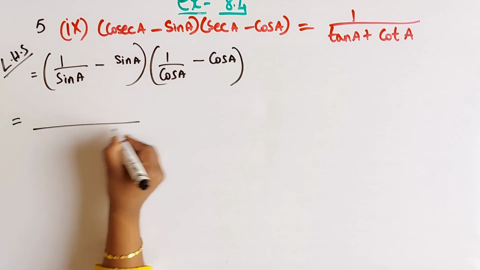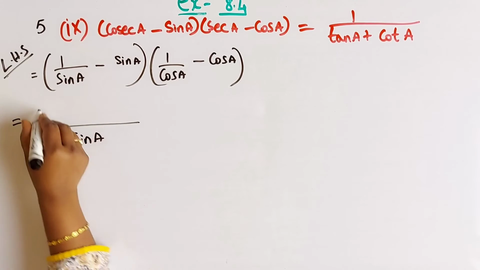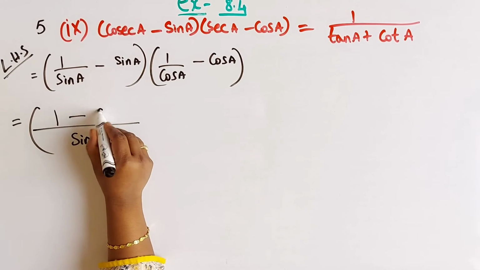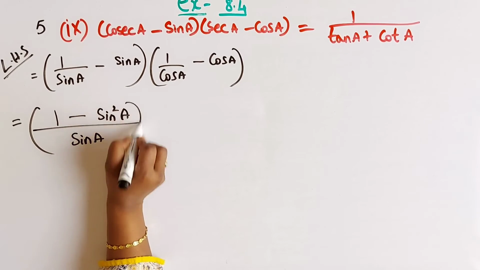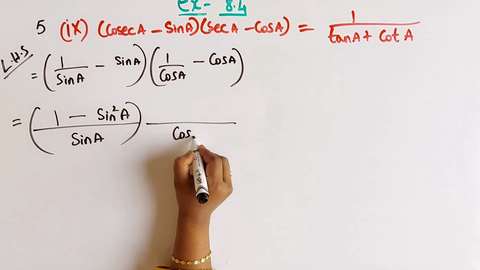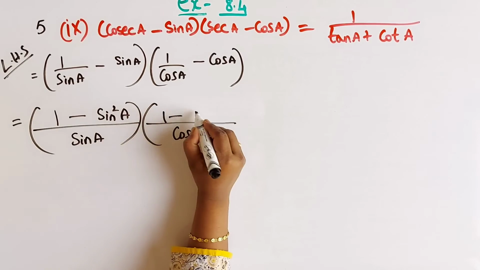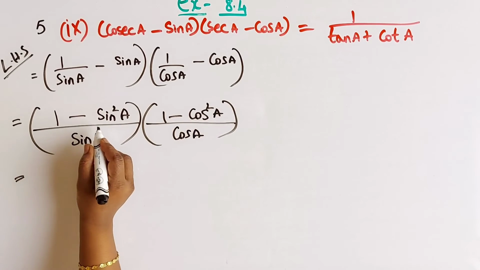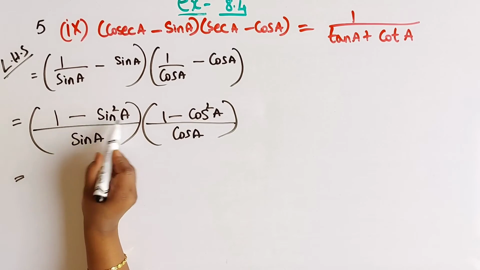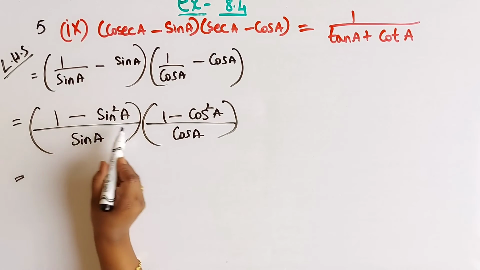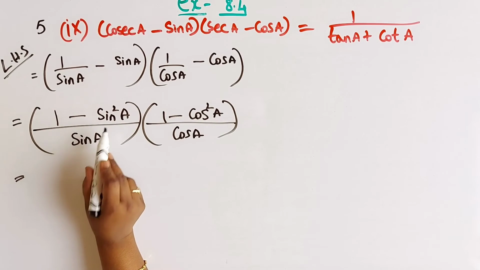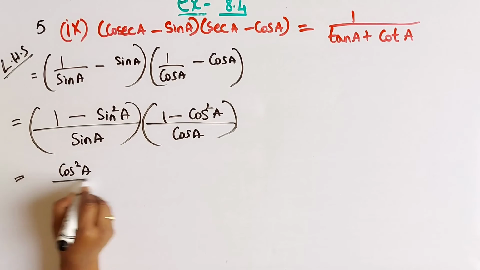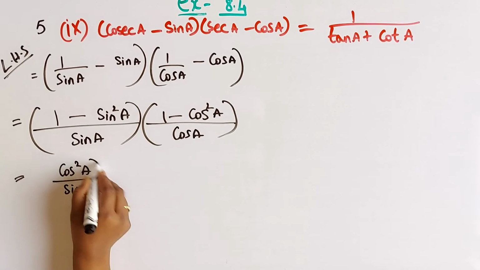Take LCM sin A. In numerator we have 1 minus sin A into sin A, sin square A here. Here cos A is LCM. 1 minus cos square A in numerator. Right, children? Now see here. What is 1 minus sin square A? We know that sin square A plus cos square A equal to 1. So 1 minus sin square A is nothing but cos square A divided by sin A here.